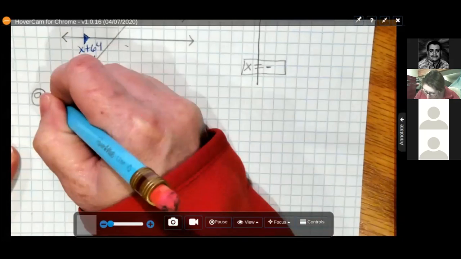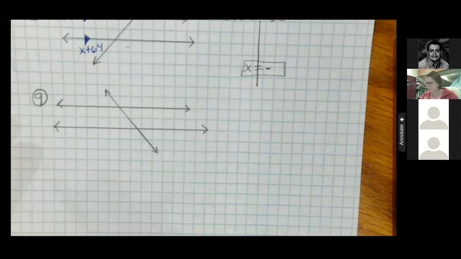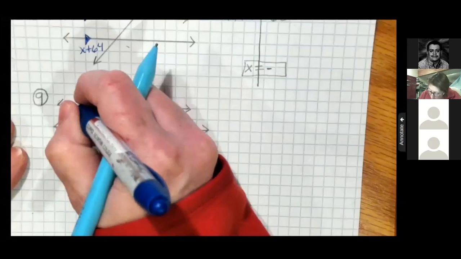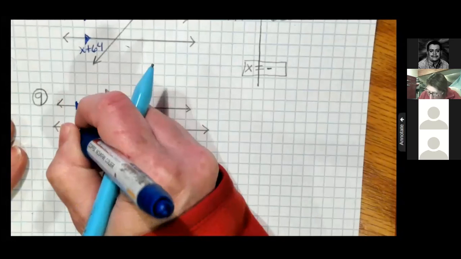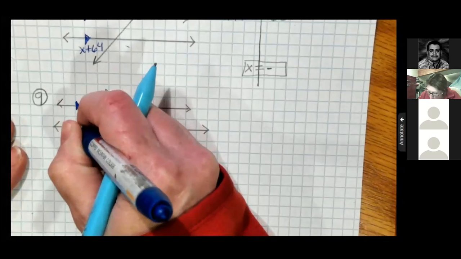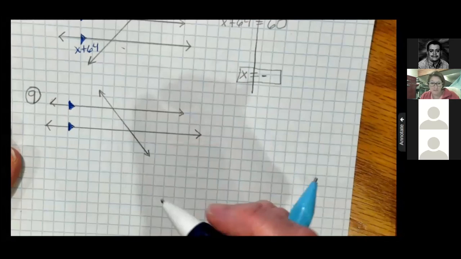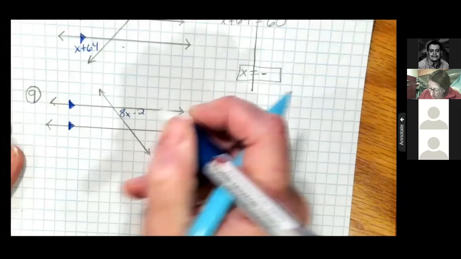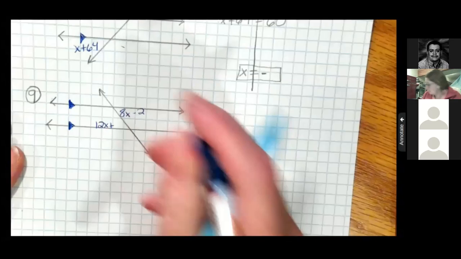I have a ruler now, and my lines are really long. Again, we have this symbol, and that's important. You need to draw that because that tells us, without being told ahead of time, that these two lines are parallel.